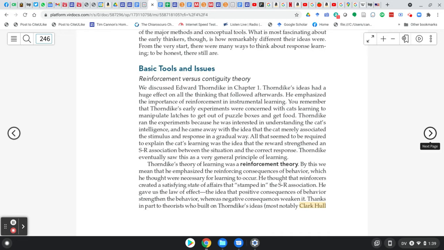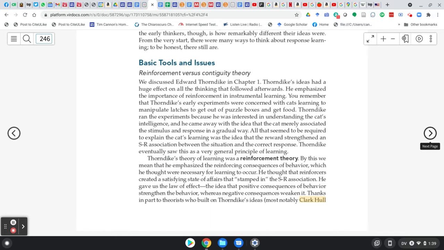Edward Thorndike and his puzzle boxes, cats having to get out of more and more complex boxes to both get out of the box and get food. He believed in reinforcement theory, and I talked about stamping in.